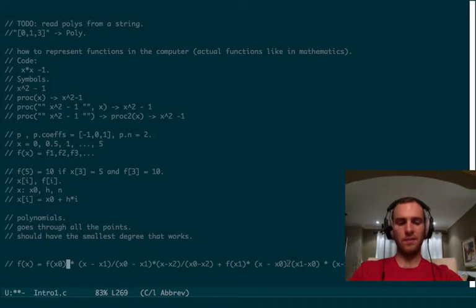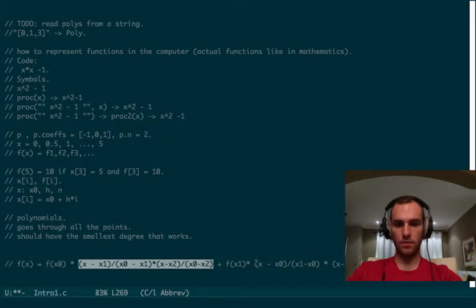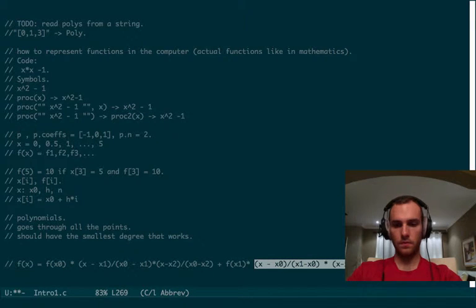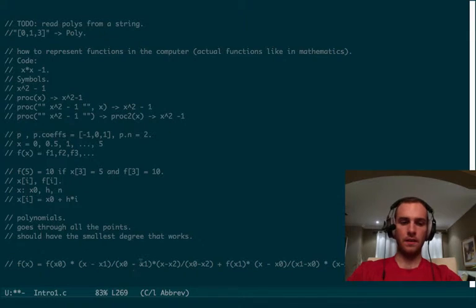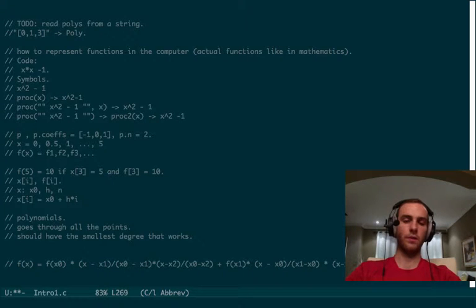The way you get this thing: when x is equal to x0, you want only this term to contribute, and you want this to be equal to 1, this to be equal to 0, and that thing to be equal to 0. And same for x equals x1, but with the middle term, and x equals x2 with the third term.